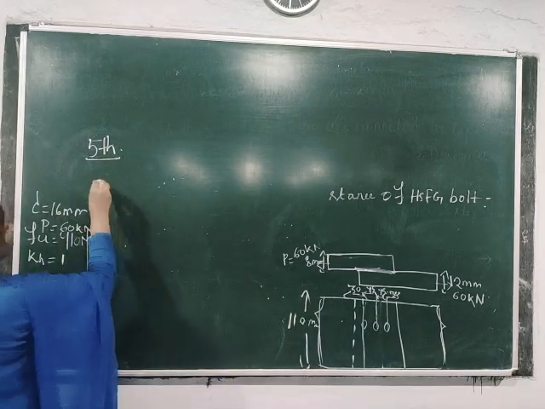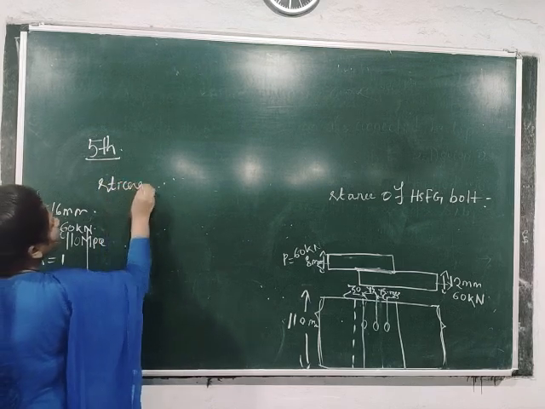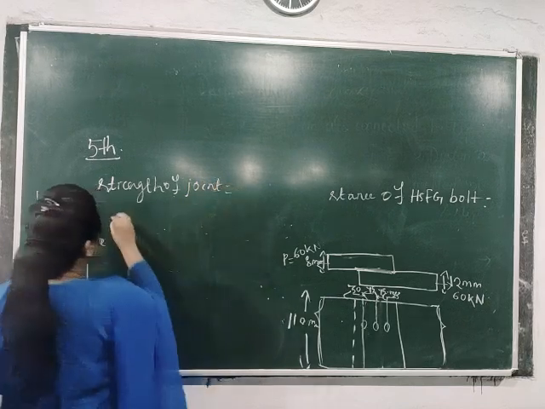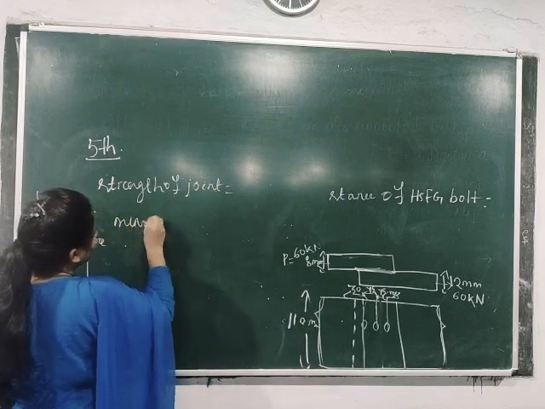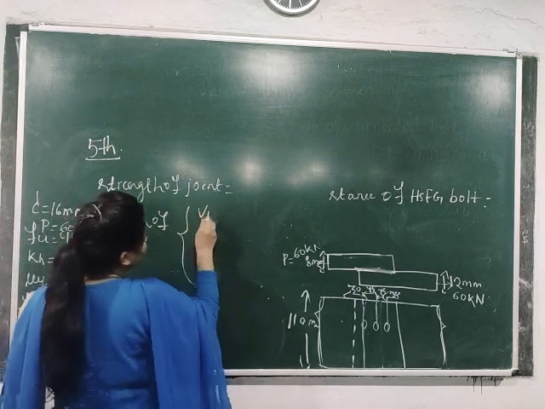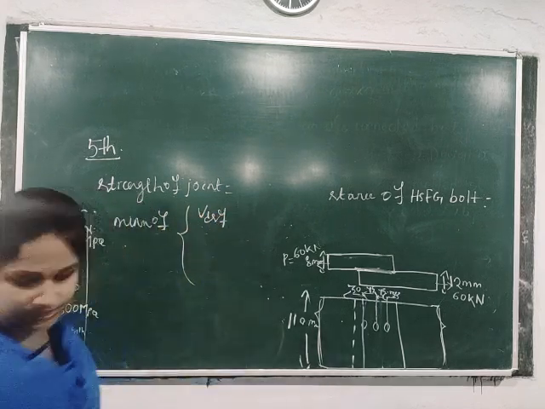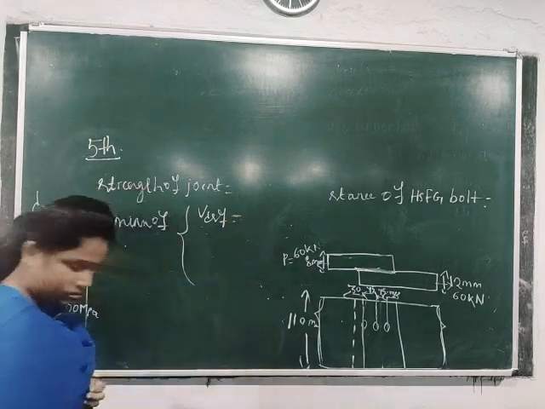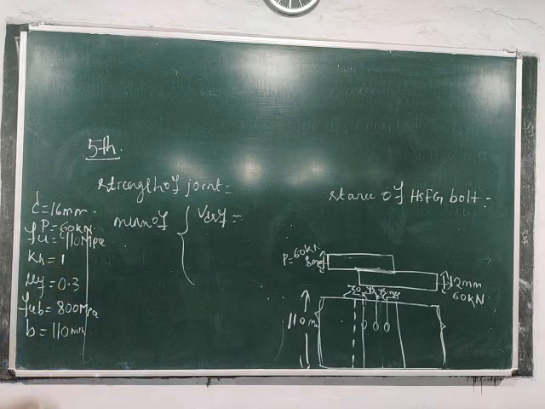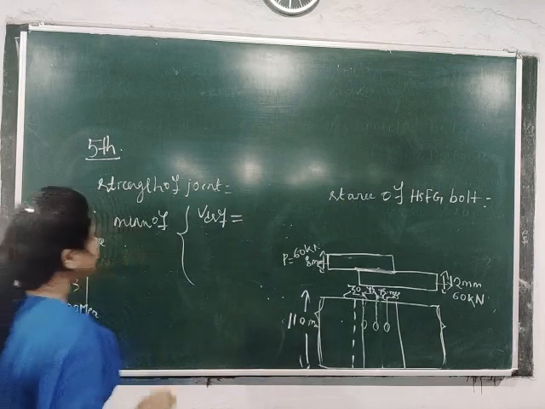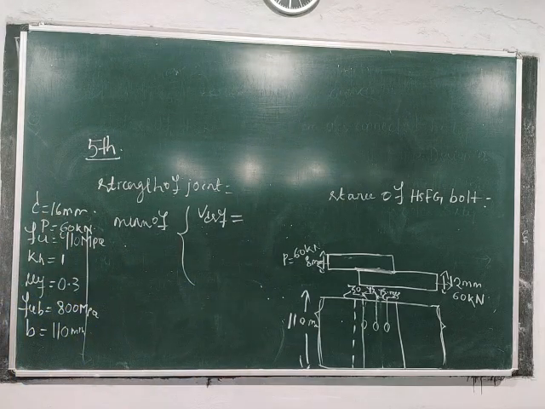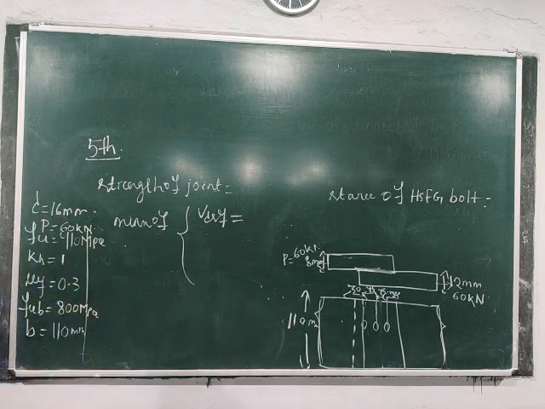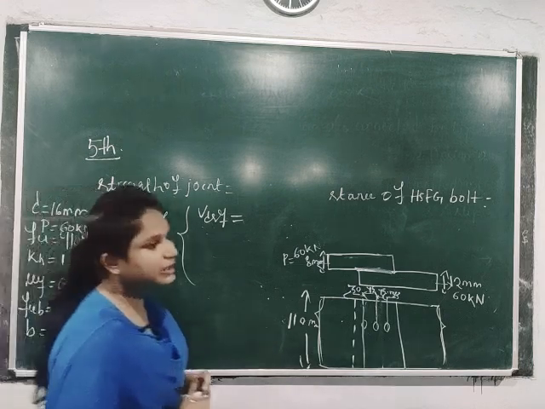The strength of the joint will be the minimum of VDSF, that is the design shear capacity of the HSFG bolt. In the second step we calculated the design shear capacity of one HSFG bolt, but we got the number of bolts required as 3.